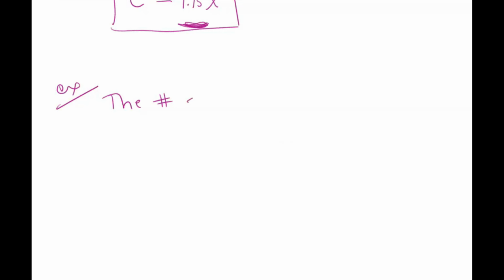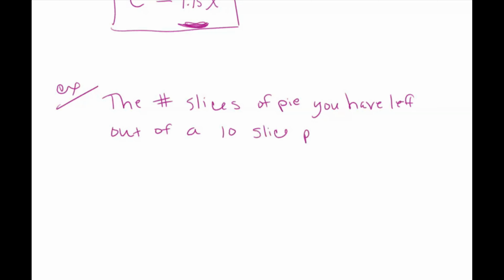Okay, so the number of slices of pie you have left out of a 10 slice pie. All right, so we need to know how many slices we have left. So I would say the number of slices remaining would be S. Let's call that S. That you have left.